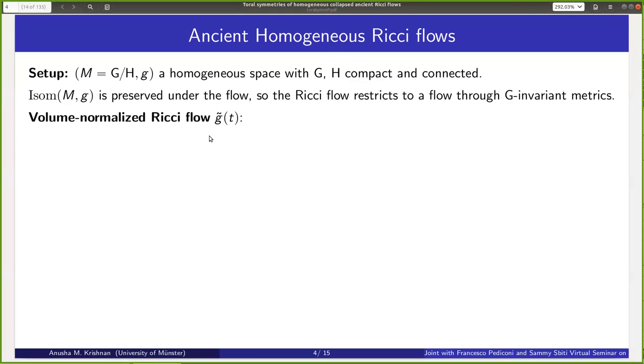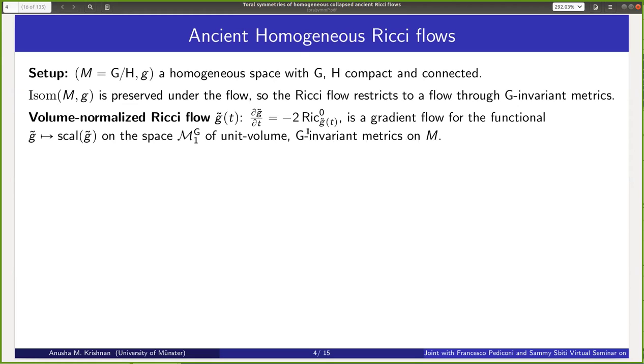Okay, so in the homogeneous setting, the equation satisfied by this volume normalized Ricci flow looks like this. The metric is evolving by negative twice the traceless Ricci tensor. Okay, and this is something special that happens in the homogeneous setting, that this is a gradient flow for the total scalar curvature functional. In this case, the functional that just sends the metric to its scalar curvature.